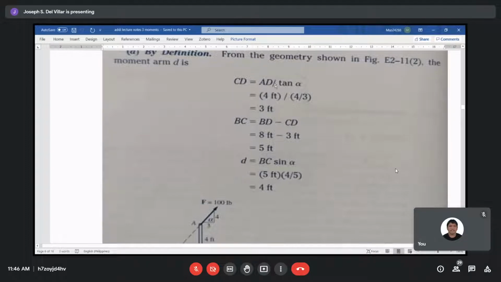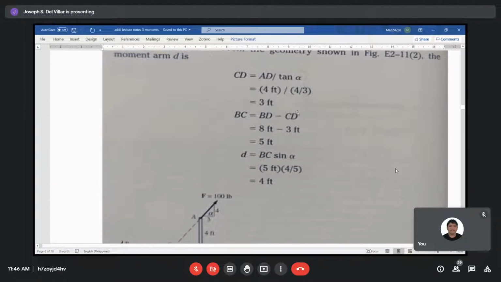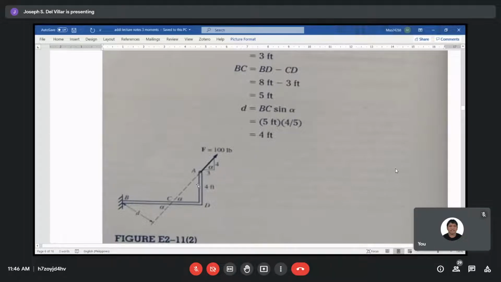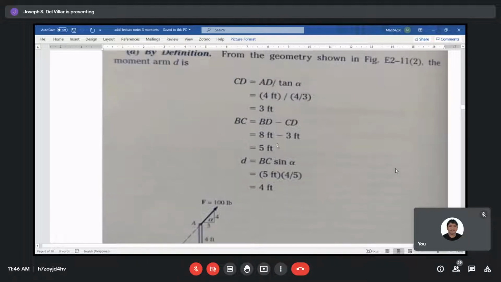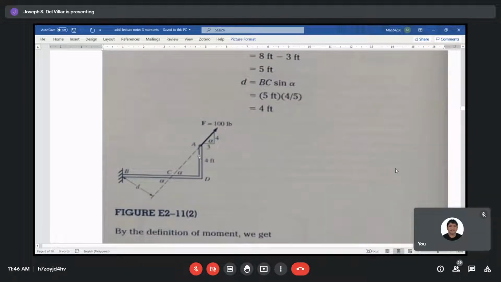So, yun ang i-equate dito. CD is equal to AD over tangent alpha. Kasi yung tangent alpha is equal to AD over CD. Ito. AD over CD. Okay? Ito kasi yung alpha. Ito rin yun. Ito, AD over CD. Okay?